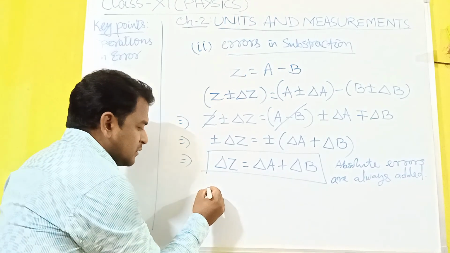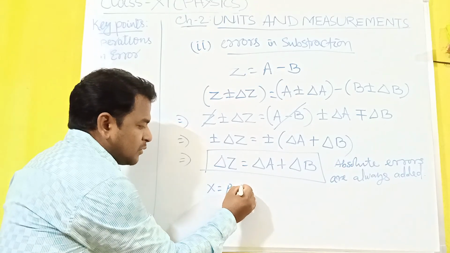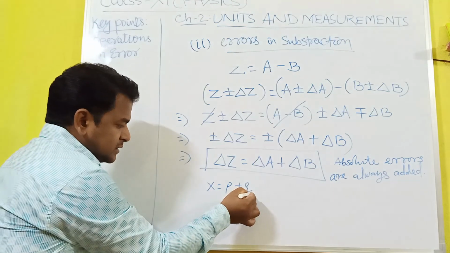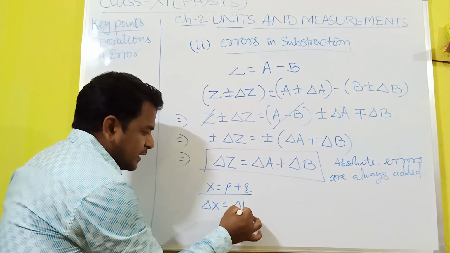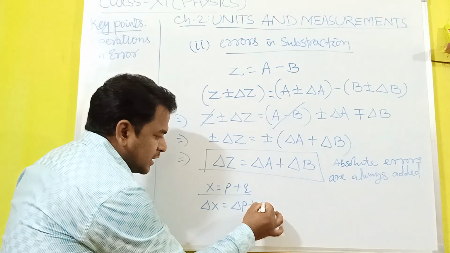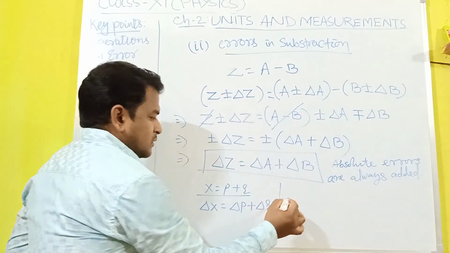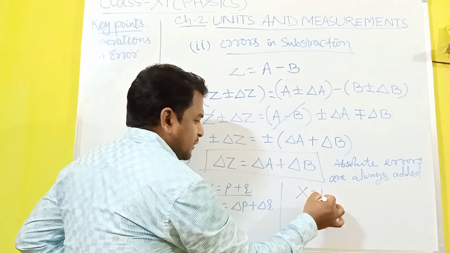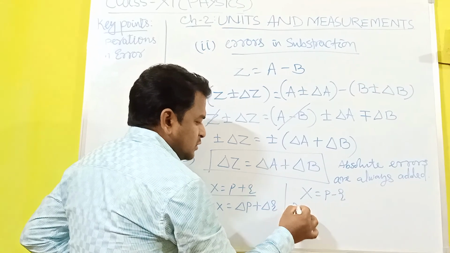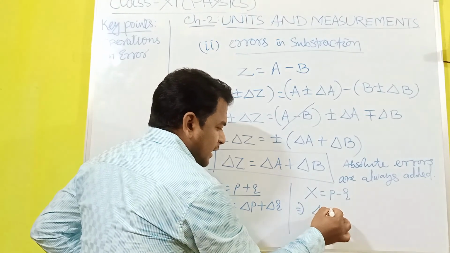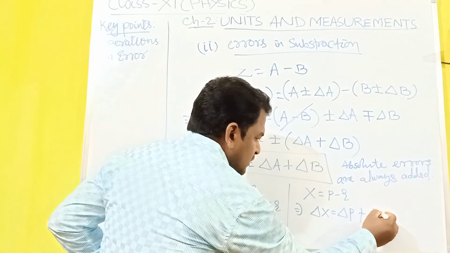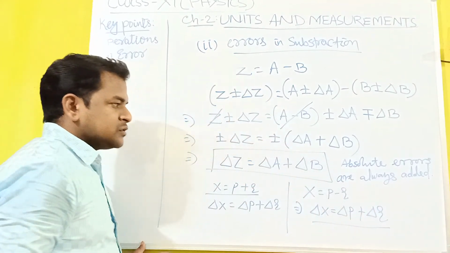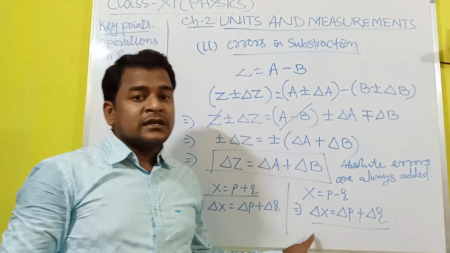If x equal to p plus q, for this equation we will write del x equal to del p plus del q. If x equal to p minus q, then also we will write del x equal to del p plus del q. So errors are always added.